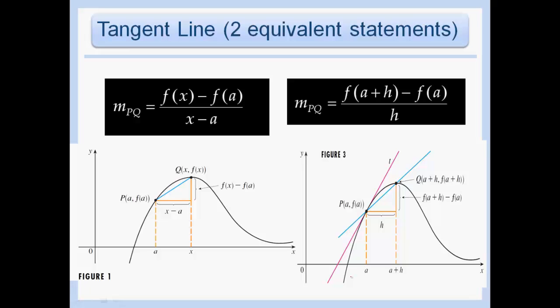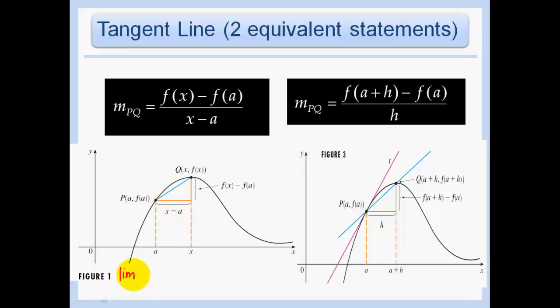So now let's look at what we were saying before. The slope between these 2 points is just, if we call this point A, f of A, and this point x, f of x, then the slope between those 2 points is f of x minus f of A over x minus A, y2 minus y1 over x2 minus x1. So what would the slope of the tangent line be approximated by?